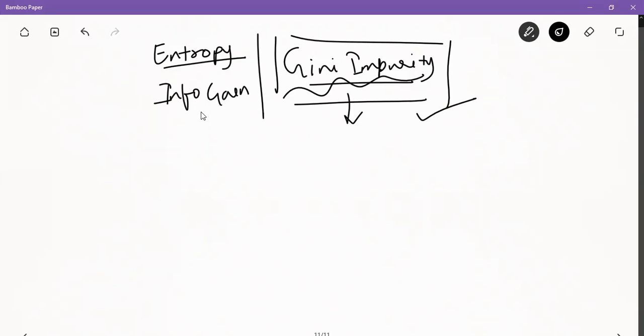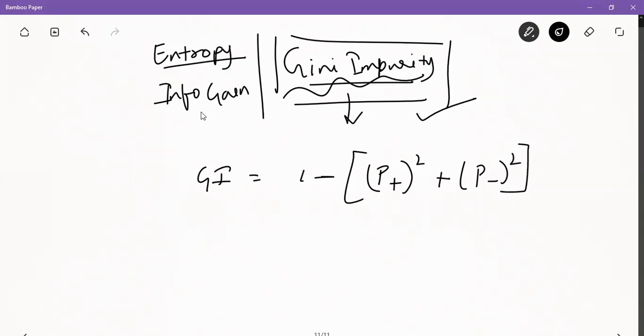So the formula for Gini impurity will be 1 minus the sum of squares of positive classes and negative classes. These are basically the positive class and negative class probabilities. You're taking the squares of them and you add them both and subtract the whole from 1. This is the formula for Gini impurity.